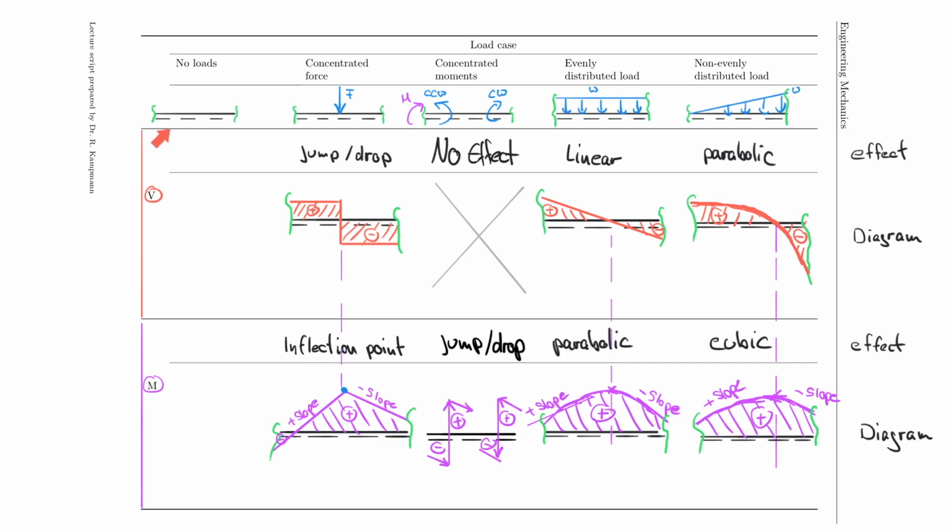All right, last but not least, we have the no load case, which you kind of already talked about, because that means that everything is zero there, and we can just draw that we have a shear force that could be zero, it could be positive, it could be negative.